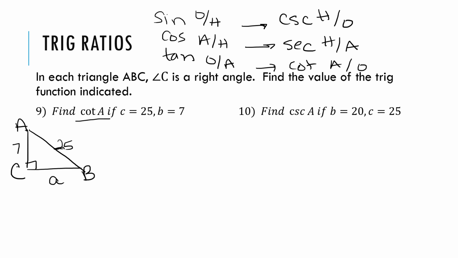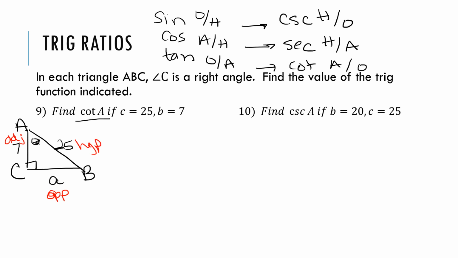If we're looking for angle A, we're referencing angle A here. So I'm going to quickly label: opposite of angle A is side A. Opposite of B is side B, so that's going to be the adjacent to A, and hypotenuse is going to be my 25.